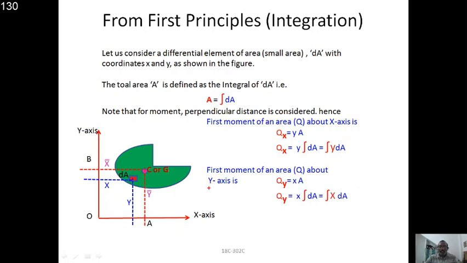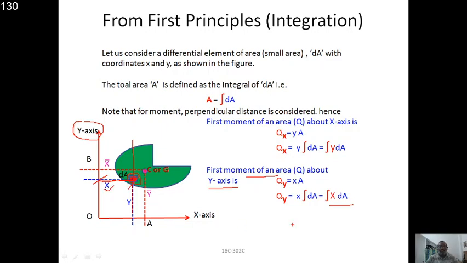Similarly, if I want the moment of area about the y-axis, I simply need to multiply with respect to x. Because if I say y-axis, the value will be x; if I say x-axis, the value will be y. In the figure also you can see the same thing. If I take the first moment with respect to the y-axis, then this element is multiplied by the perpendicular distance, from here to here.